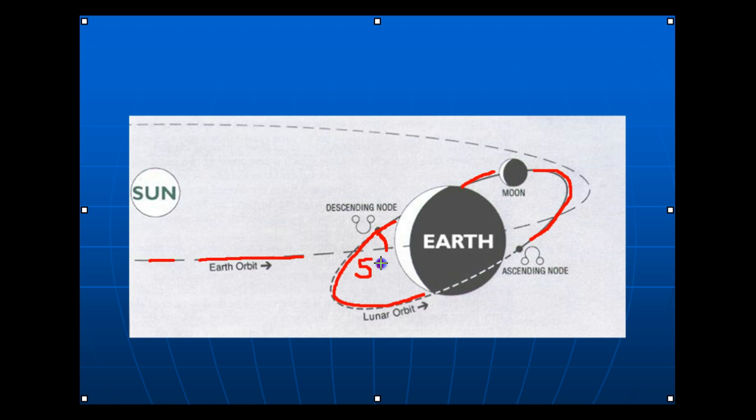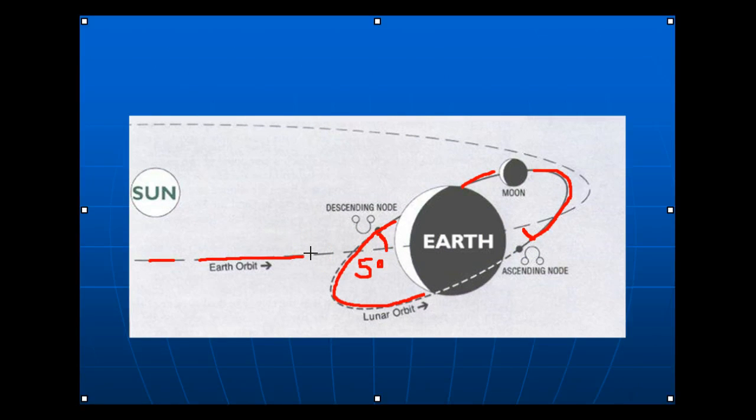It's tilted at about a 5-degree angle to the Earth's flat plane orbit path. So make sure you write that 5-degree angle in your notes. It's also right over here. It's a little mirror image of each other. There's another 5-degree angle right here. So the moon's orbit path is tilted about 5 degrees to the Earth's flat orbit plane.